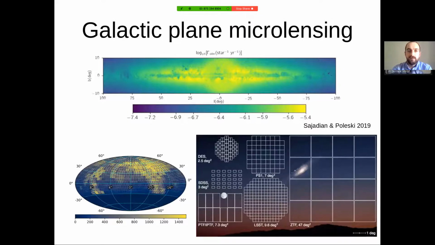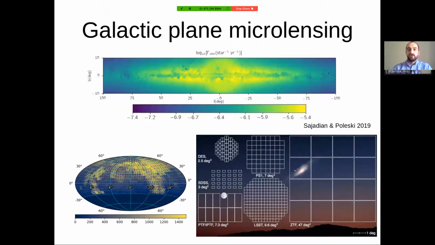However, finding these objects was very difficult previously, because you have to observe huge areas of the sky. You have to observe the entire galactic plane at a relatively high cadence. And previous telescopes didn't have enough capabilities to carry out such searches. So this has changed with ZTF.